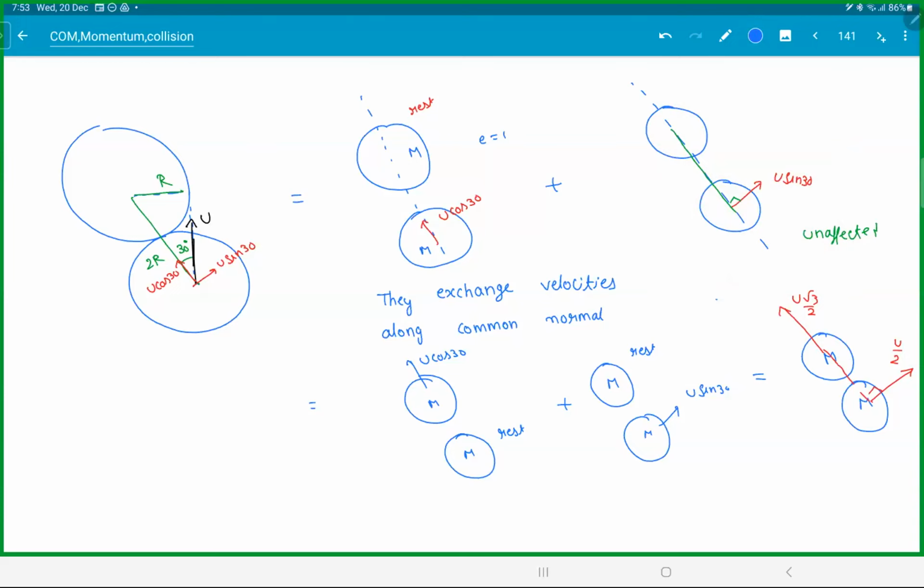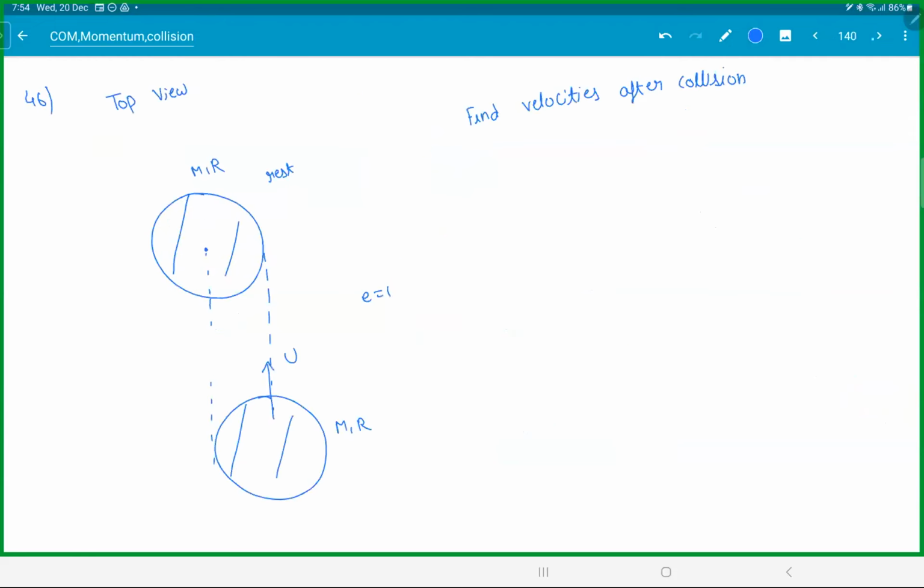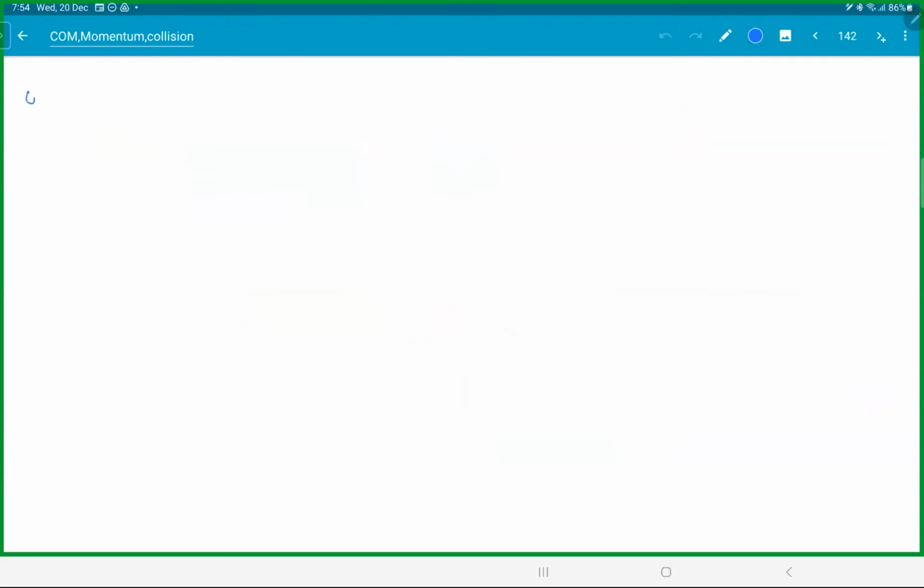Check it out. Idea is clear? I'll give you one more like this now. You try. So that's it. If you see, oblique is simply resolving the components and solving a head-on collision problem. Let's say we have a coin here, mass m, radius r.